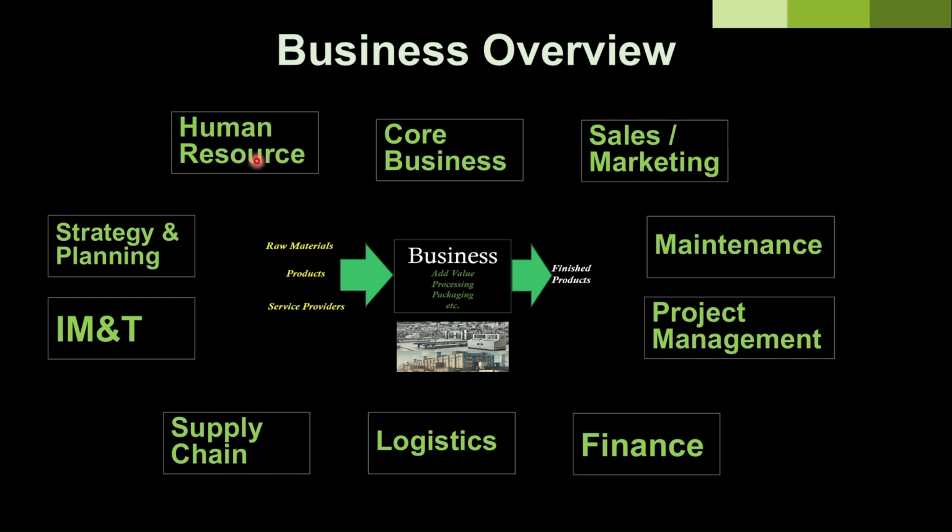So human resources, for instance, would, in collaboration with IMT, generate a number of applications that will help them address or manage different aspects of the business processes or business process steps within the human resources department. And so would the production operations on the core business do, and so will sales and marketing and the rest of the departments.